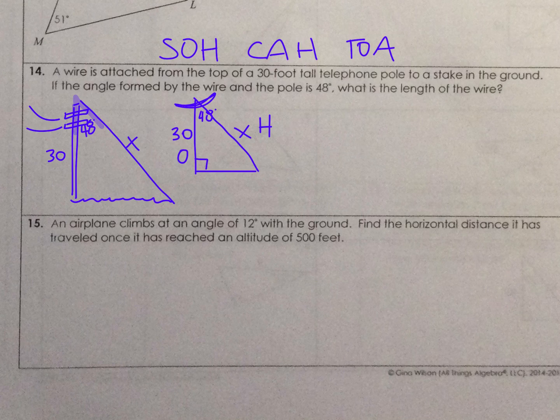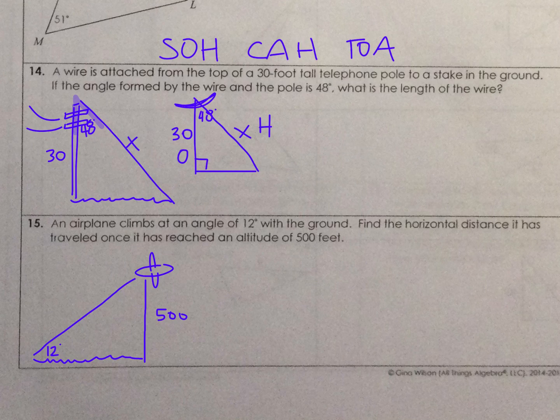We'll do the same thing for 15. So an airplane climbs at an angle of 12 degrees with the ground. Find the horizontal distance it has to travel once it reaches an altitude of 500 feet. So here's my airplane. It wants to be 500 feet above the ground. So here's the ground. The airplane climbs at an angle of 12 degrees with the ground. So 12 degrees is there.